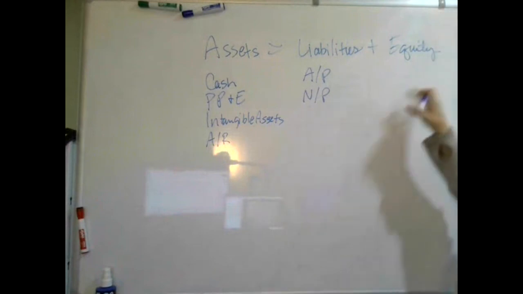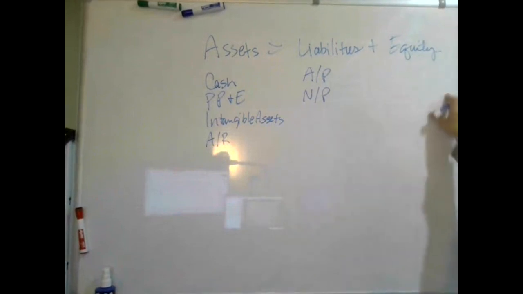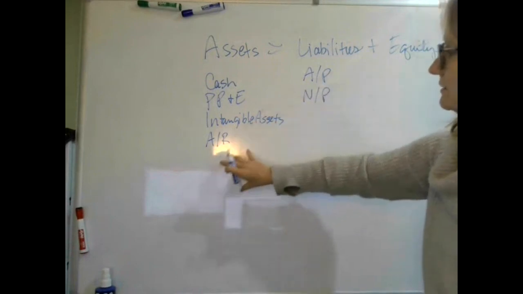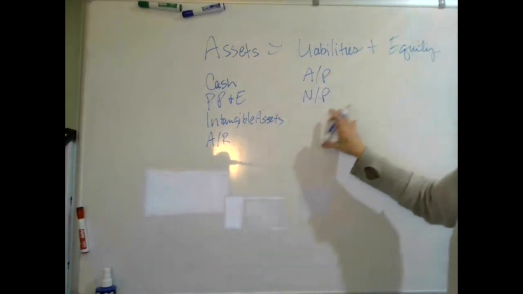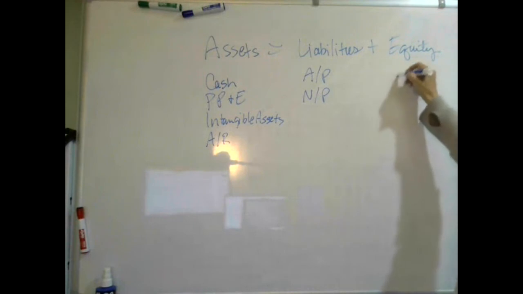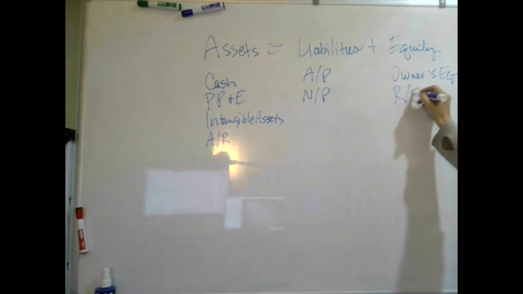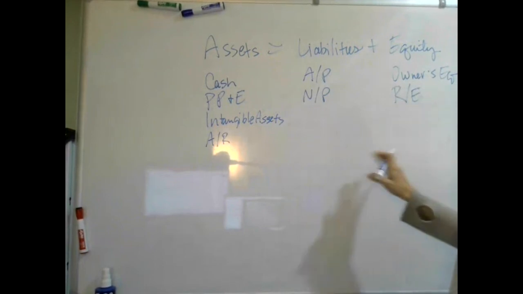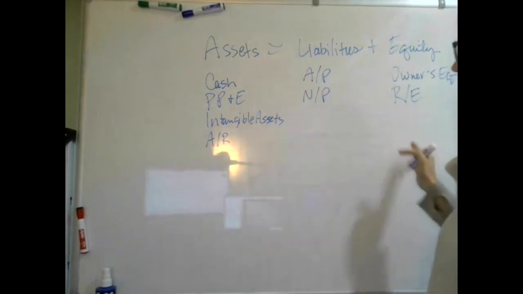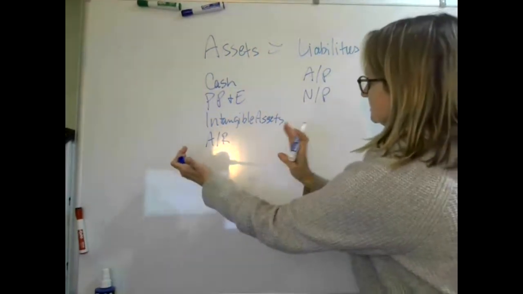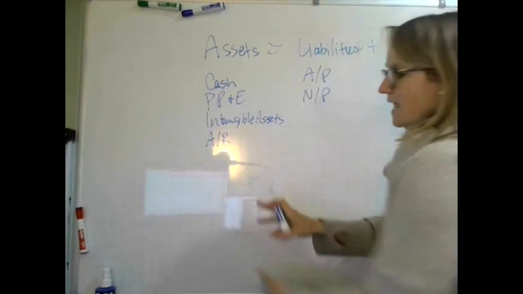And then equity is what we own minus what we owe, right? So equity, our owner's equity, retained earnings, and that sort of thing. So this side always has to balance with this side.